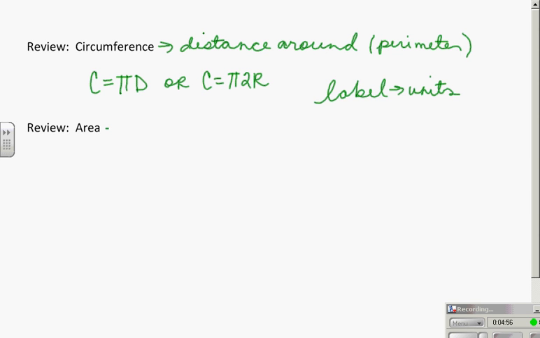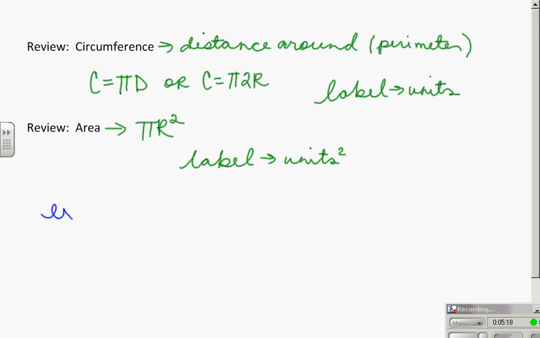Remember that our label on circumference is just units. Now, area is the covering of a space, and that is pi r squared. And remember, our label is units squared, always on area.